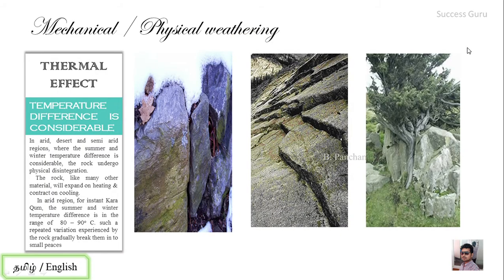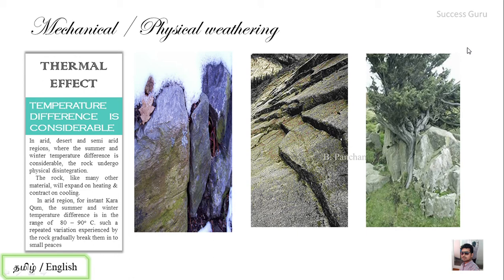The first one is the thermal effect, in which the temperature difference is considerable. In arid, desert or semi-arid regions, where the summer and winter temperature difference is considerable, the rock undergoes physical disintegration. Rocks, like many materials, expand on heating and contract on cooling.